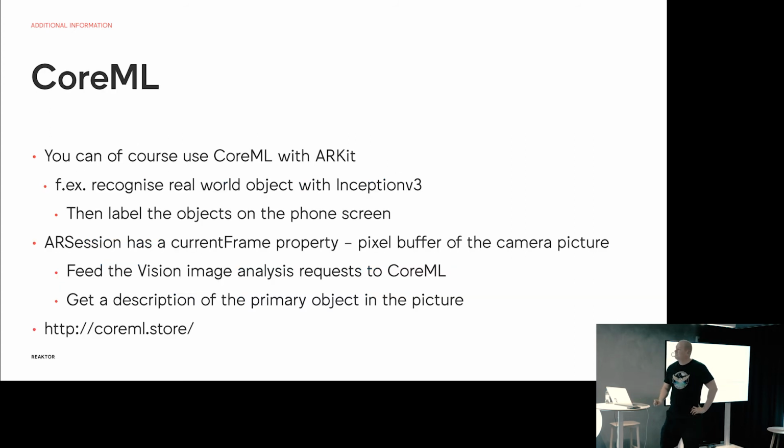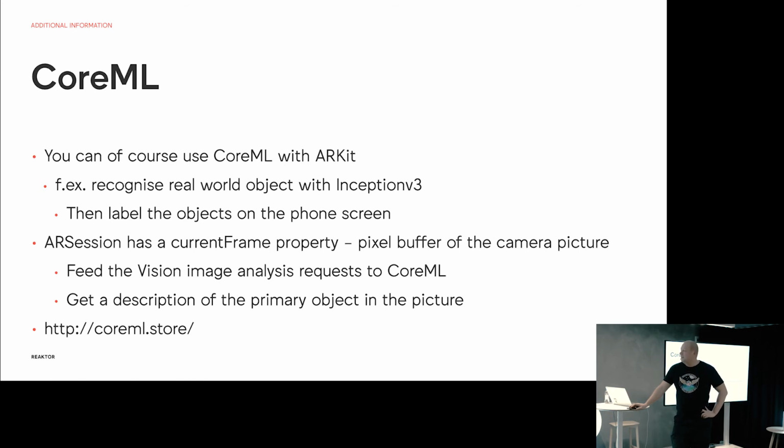Then I held this presentation earlier, and this was one subject I didn't go into, but I have one slide about it because it's semi-related to this one. It might be its own talk in itself. You can of course use CoreML with ARKit.